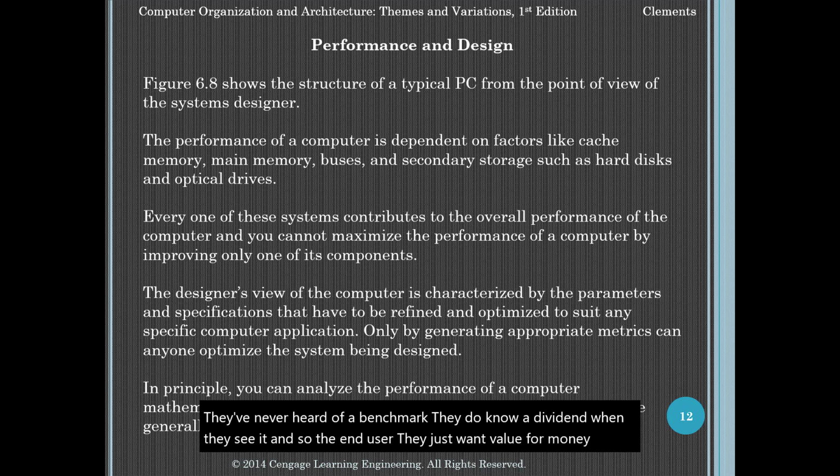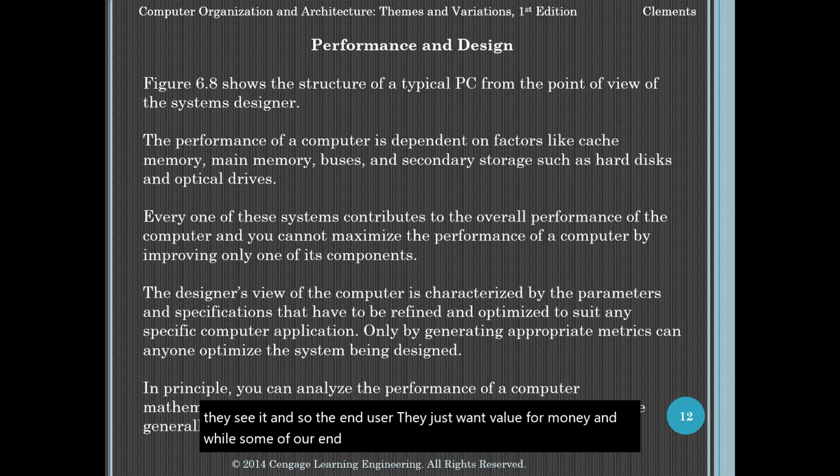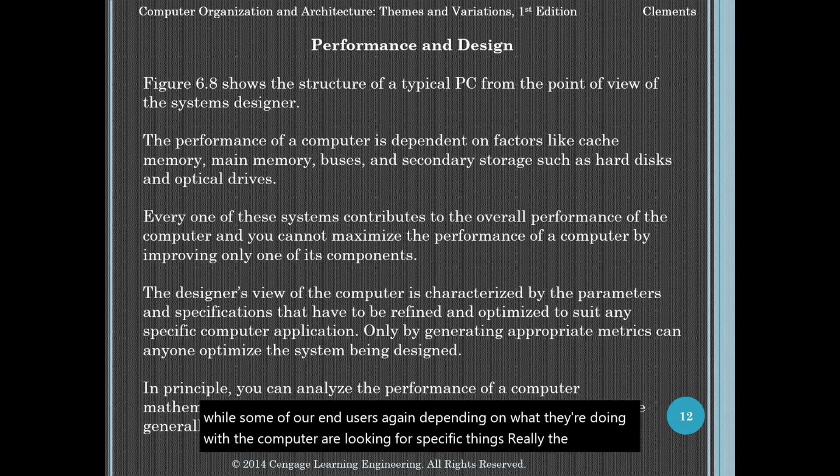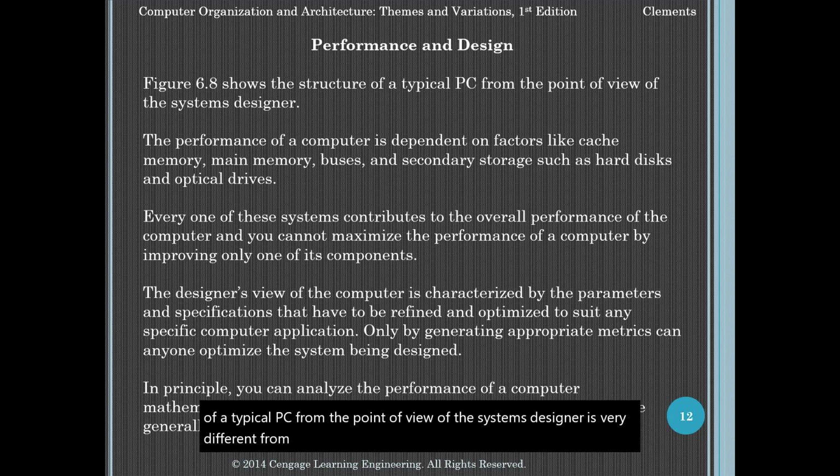While some end users, depending on what they're doing with the computer, are looking for specific things, the structure of a typical PC from the point of view of the systems designer is very different from how many other people who might buy or use it think about performance.